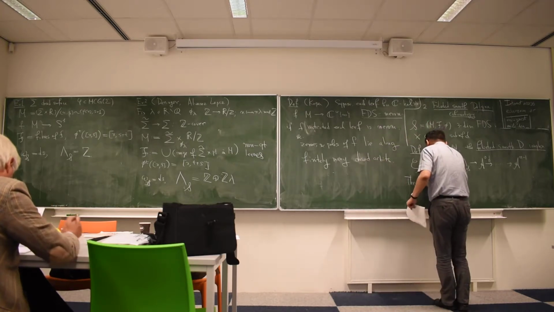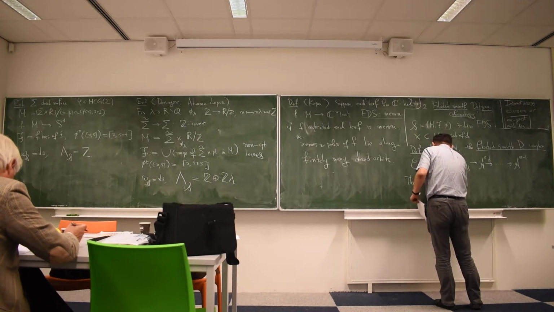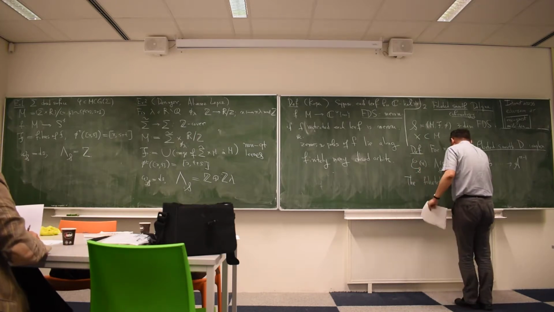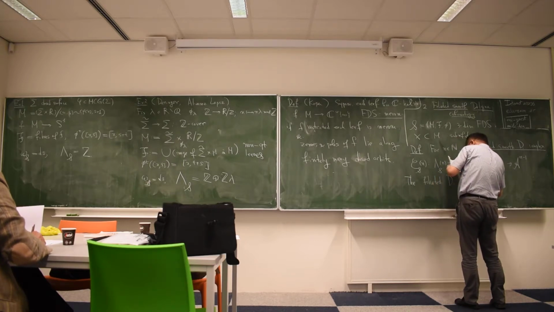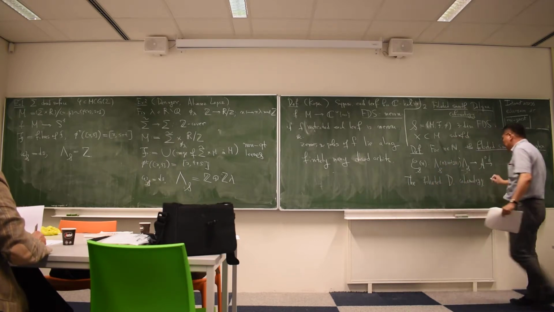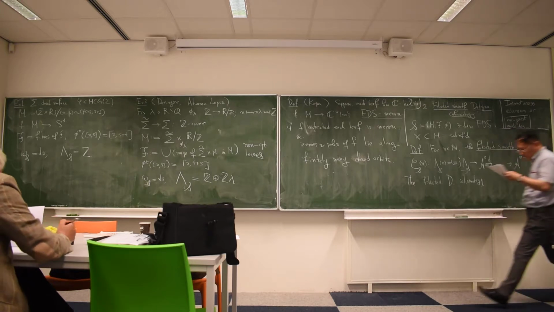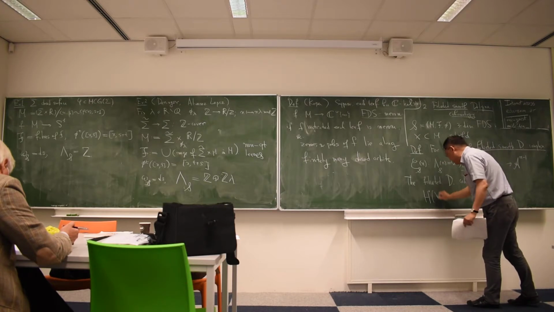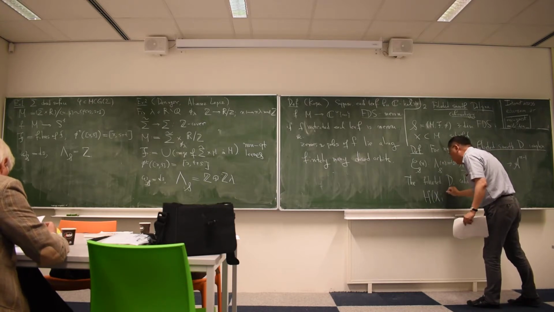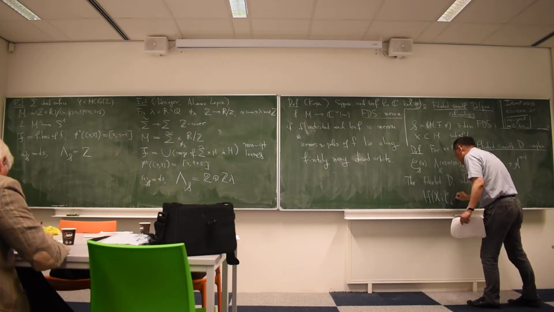The foliated Deligne homology is defined by the hypercohomology of this complex. Let me write it simply as H of the hypercohomology of this complex.